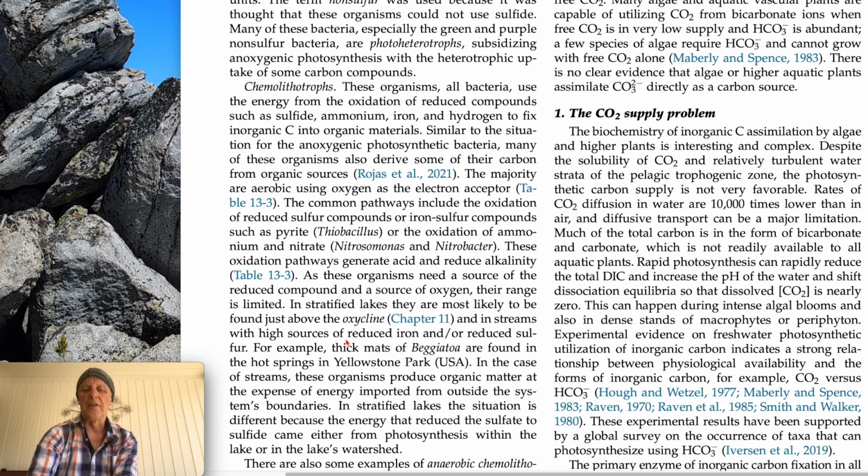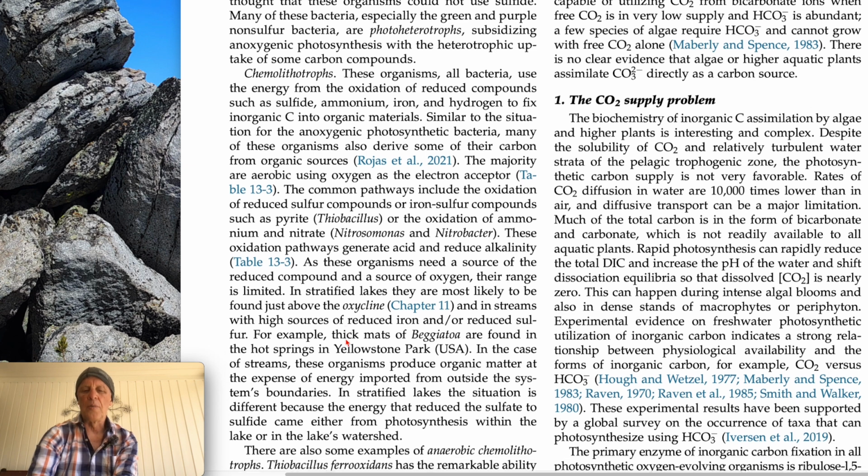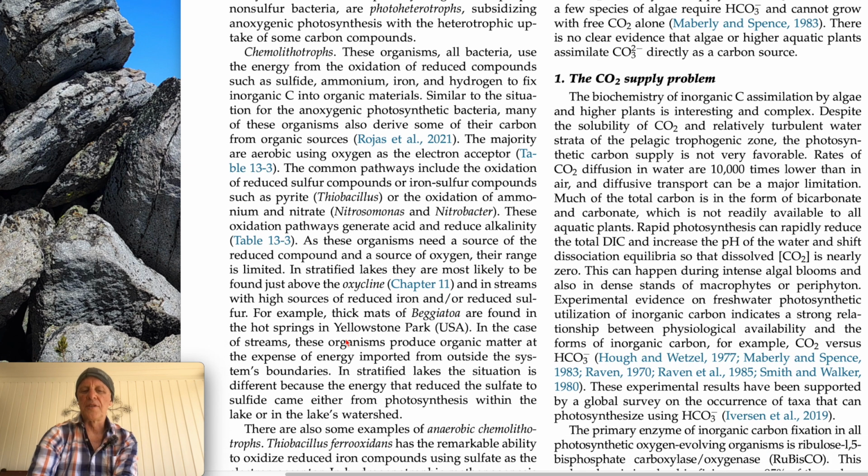The majority are aerobic, using oxygen as the electron acceptor. The common pathways include the oxidation of reduced sulfur compounds or iron-sulfur compounds such as pyrite, Thiobacillus, or the oxidation of ammonium and nitrates, such as Nitrosomonas or Nitrobacter. These oxidation pathways generate acid and reduce alkalinity.